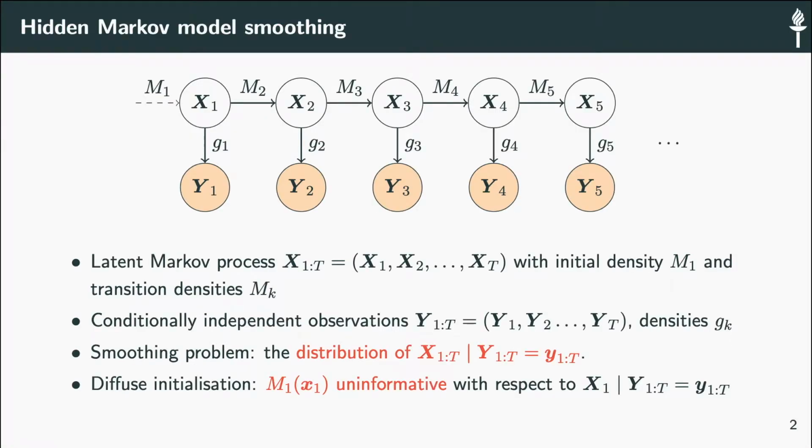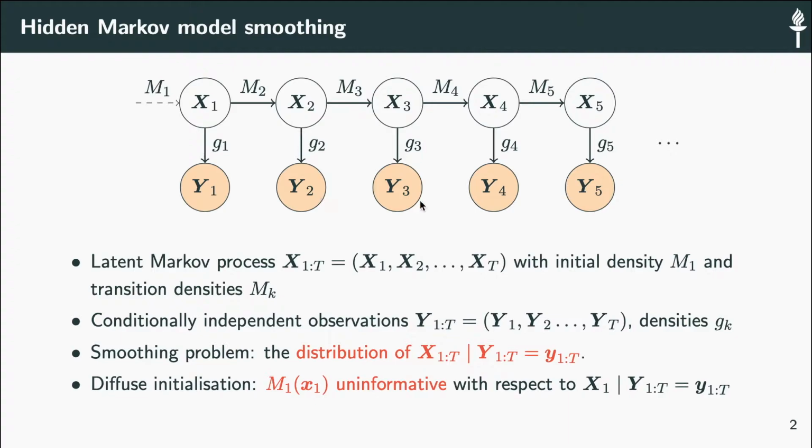What is this about? It's about hidden Markov model smoothing. So what's a hidden Markov model? It's a model that consists of two processes, so to speak. First, a latent Markov process X, governed by known initial density M1 and transition densities M2, M3, M4, so forth.